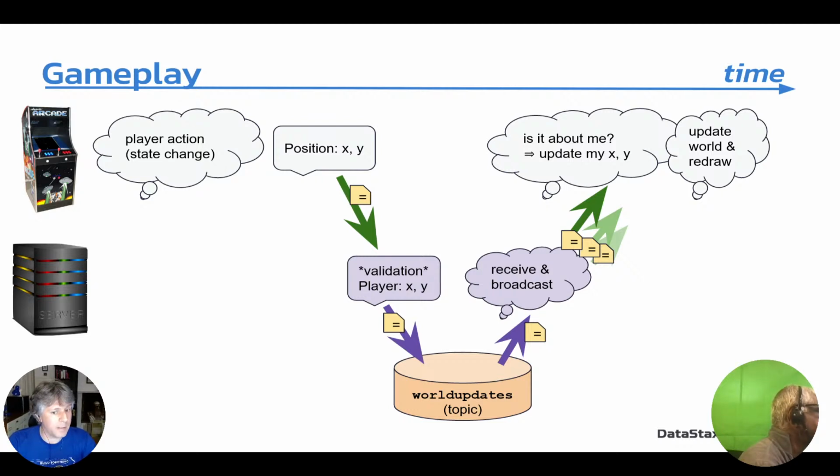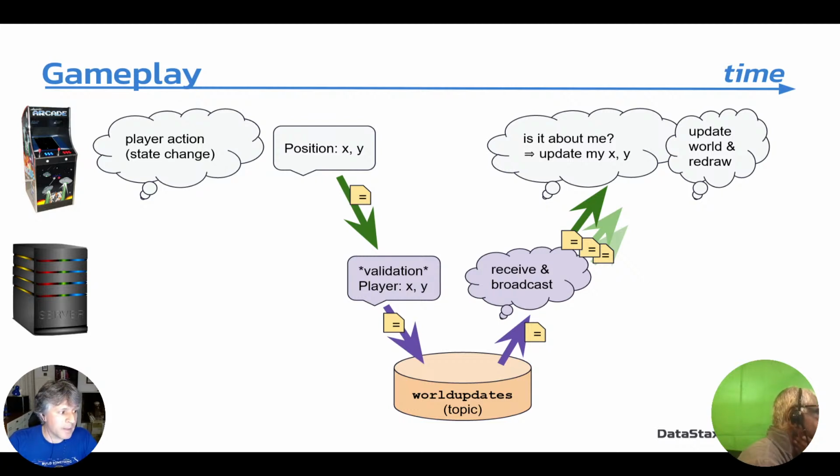The server validates, as we saw before, the value of a coordinate, basically XY. The message goes to the topic. The topic pushes the data to other parts of the API, the ones responsible for the world WebSockets of all connected clients. And then this update goes to every client for them to update the world and redraw the screen.